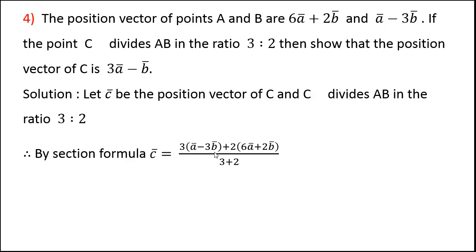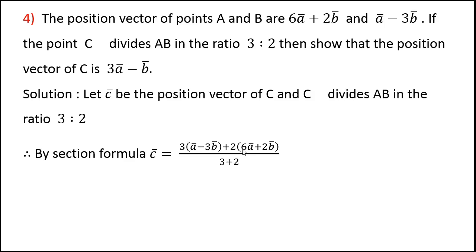In place of b bar I have used the position vector of B, which is given as a bar minus 3b bar, and in place of a bar I have used the position vector of A. Using these position vectors and simplifying, we get the position vector of C as 3a bar minus b bar.